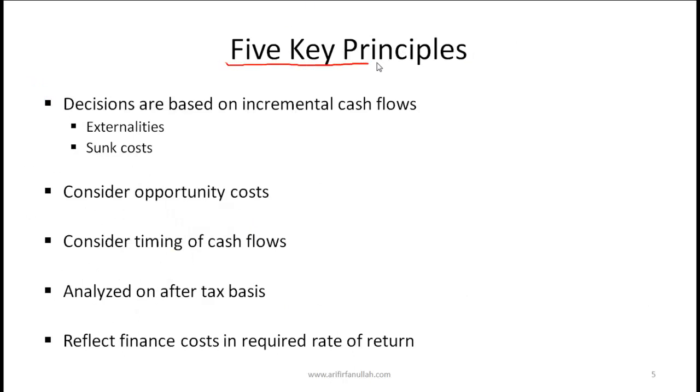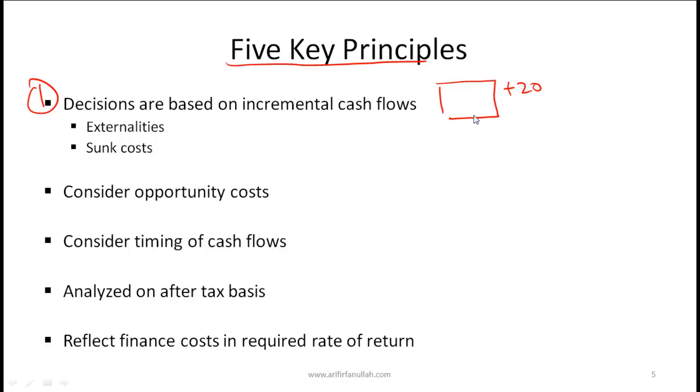Now the five key principles of capital budgeting, and from an exam perspective this is very important. The first one is that decisions are based on incremental cash flows. What this means is, let's say that you are currently running a machine and the annual cash flow for this machine is 20 million a year.